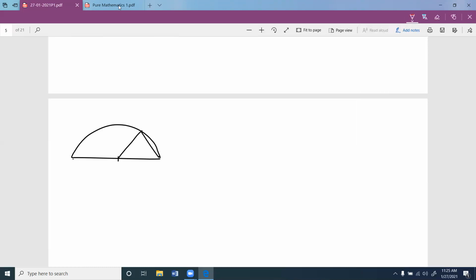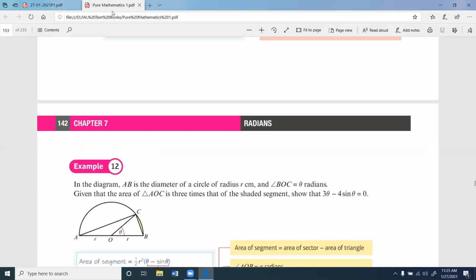Now this is the shaded region. Then they mention this much: the area of triangle AOC.